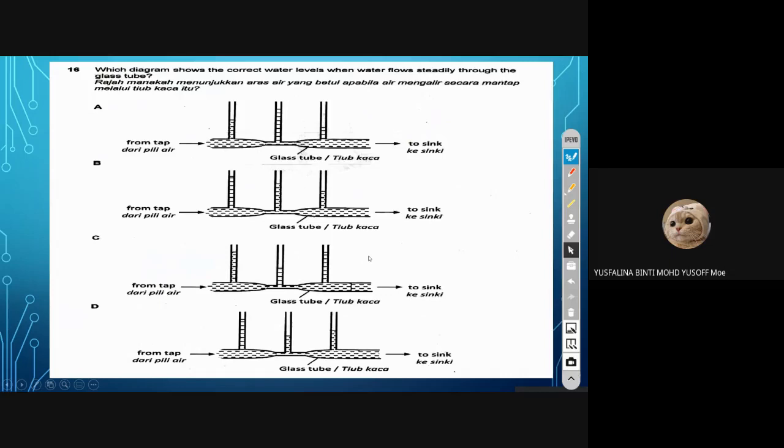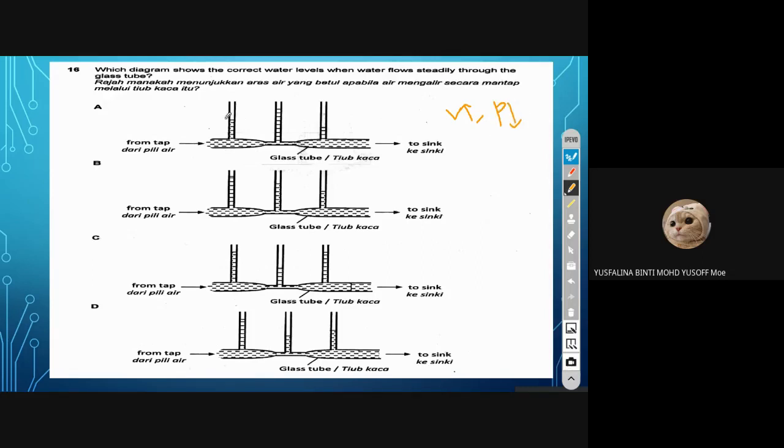Number 16. Which diagram shows the correct water level when water flows steadily through the glass tube? This one we use Bernoulli. So what is Bernoulli's principle? When the velocity is high, the pressure will be low.